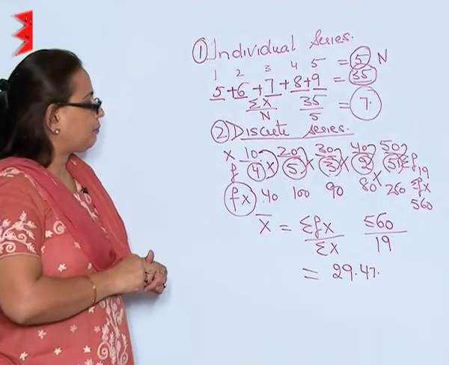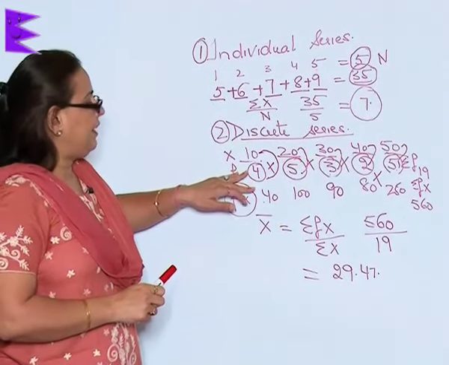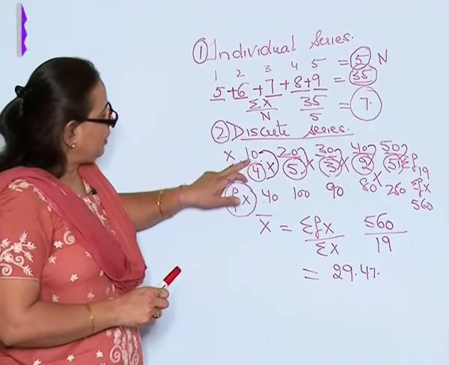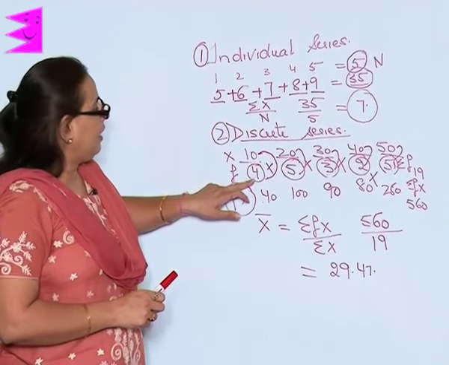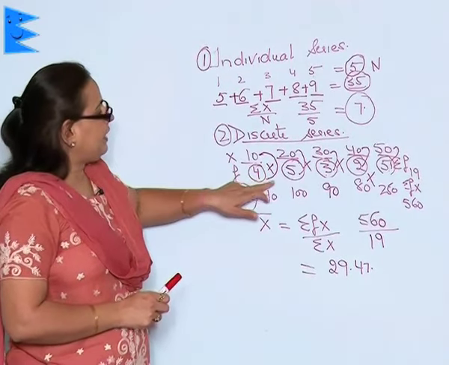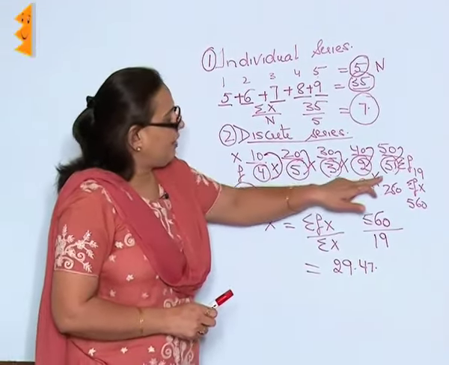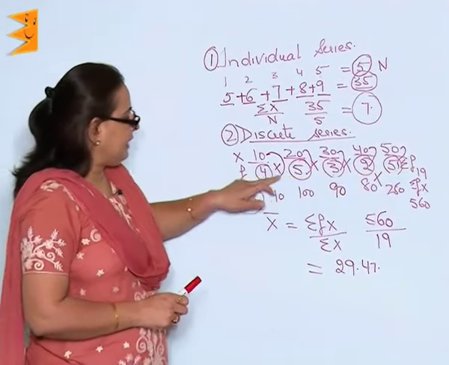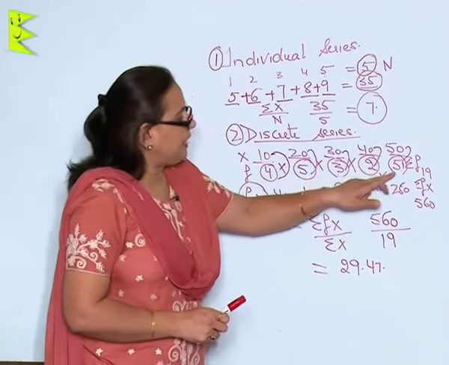Which means I will have to find out what is the total sum of this. Here, if this is frequency, then the sigma f that I have is 19. That is, 19 times it has occurred.